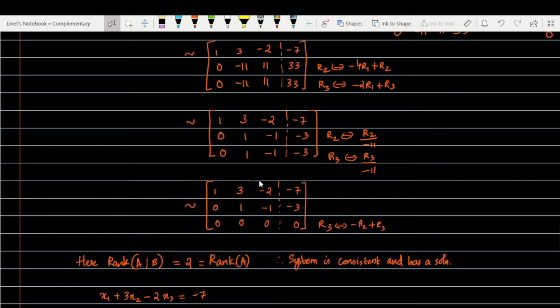Now you have the rank of A to be 2 and also the rank of the augmented matrix AB to be equal to 2. Okay. So that means the system is consistent and has a solution.